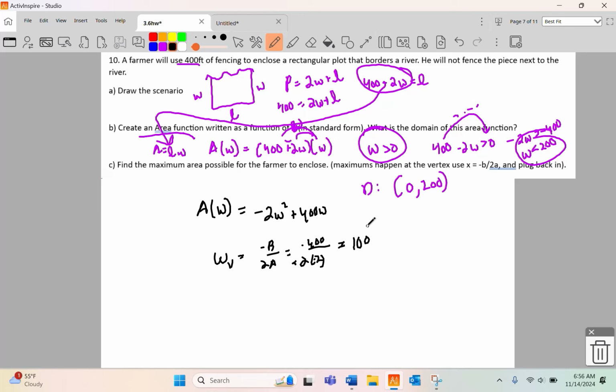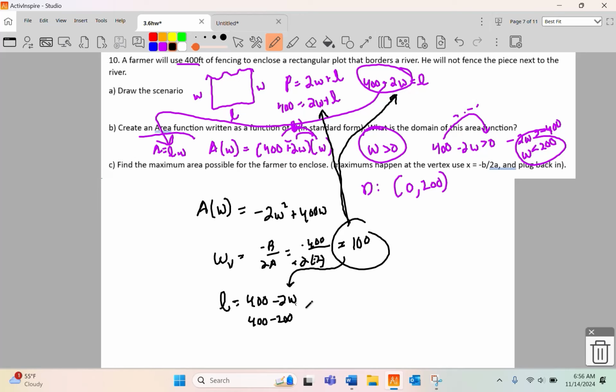So since I have the width, I can get the length, right? So the length is 400 minus twice the width. It's going to be 400 minus 200, which is 200.